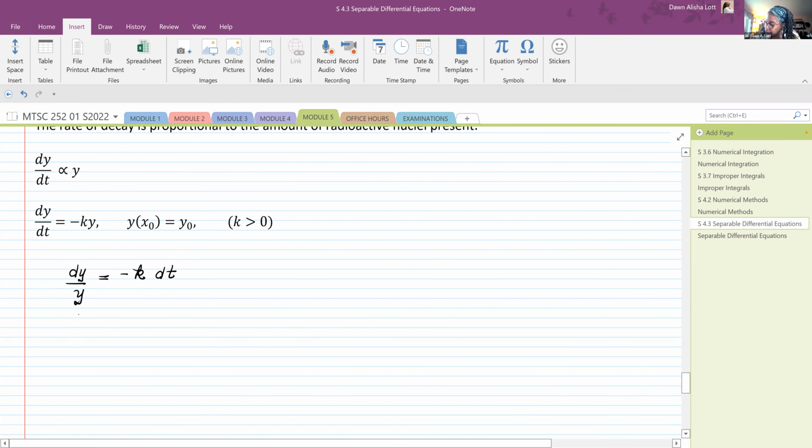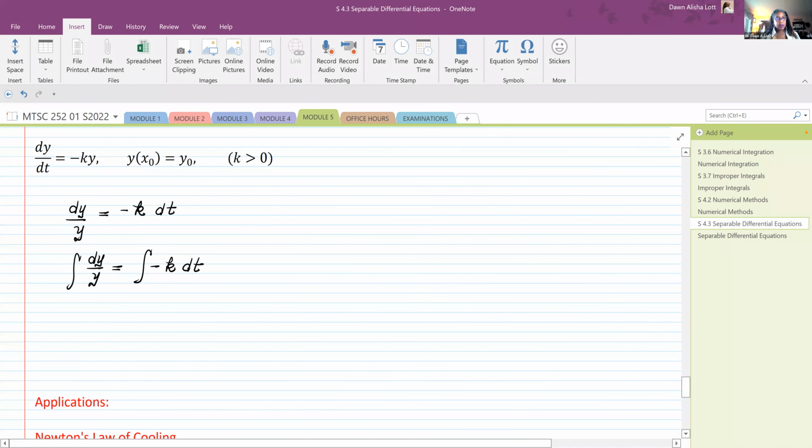Okay, we already know that when we integrate this, we get the integral of negative k dt. So this gives us the natural log of the absolute value of y is equal to minus k times t plus a constant.